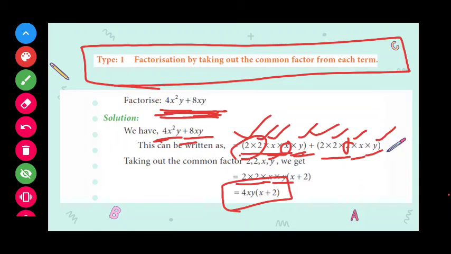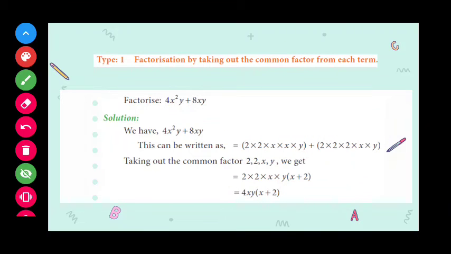I'll repeat this again. First we write 4x square y plus 8xy in a simpler way. 4x square y can be written as 2 into 2, x into x and y. 8xy can be written as 2 into 2 into 2, x and y.